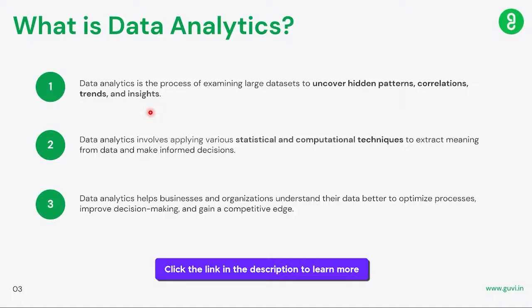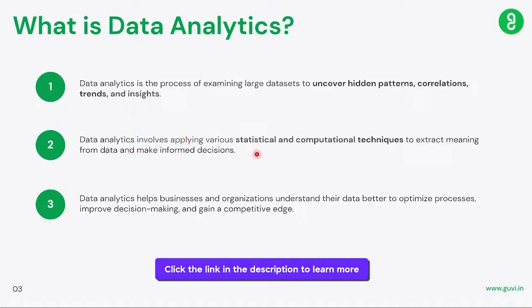It's a wide array of techniques and methodologies aimed at extracting meaningful information from data to support the decision-making process. There is some data and I'm finding patterns, correlations, trends, and insights, and extracting meaningful information from the data to support decision-making processes.